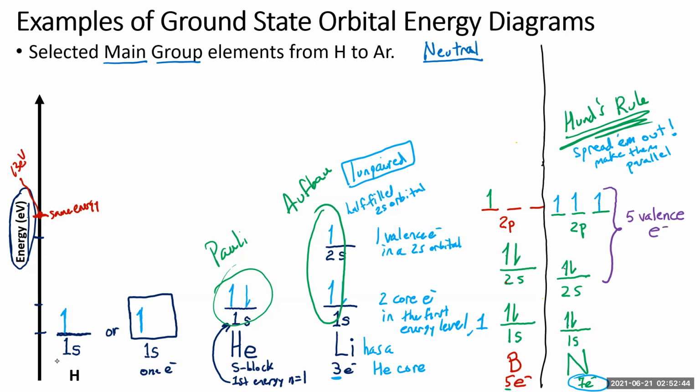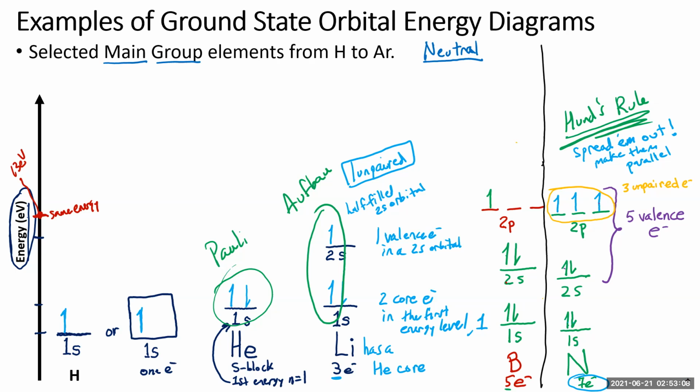And we have 3 unpaired electrons. Five valence electrons altogether, and 3 unpaired electrons of those 5 valence electrons.